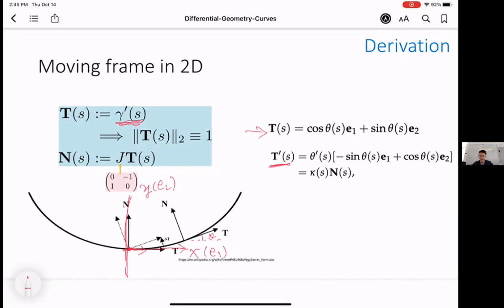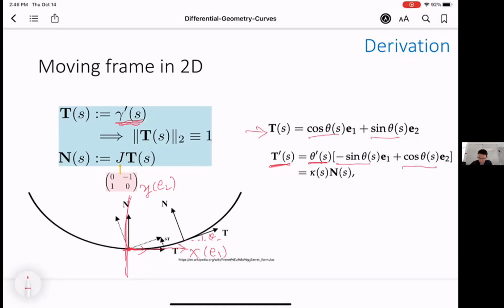So because the derivative of cosine theta is negative sine, and the derivative of sine theta is cosine, again we need to apply the chain rule when we compute the derivative with regard to theta. This is what we get. But other than that, we still need to compute the derivative of theta with respect to s. So we get this extra factor here.